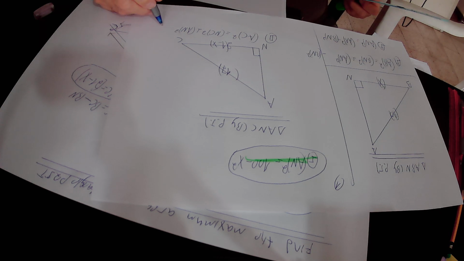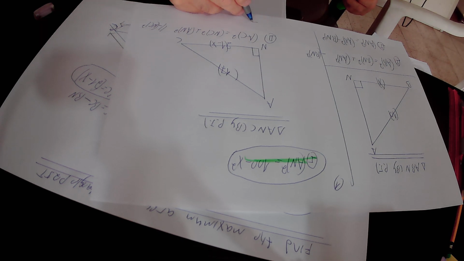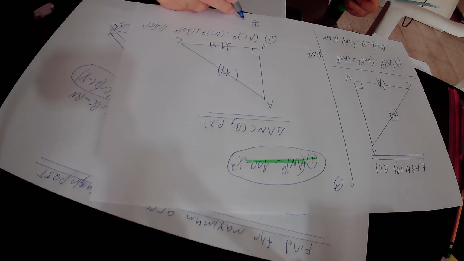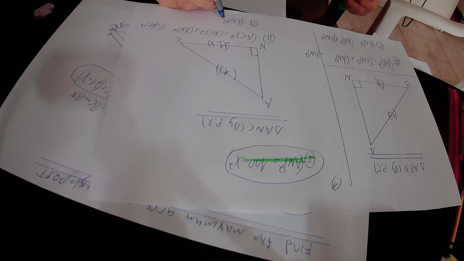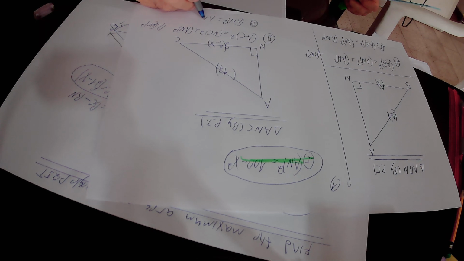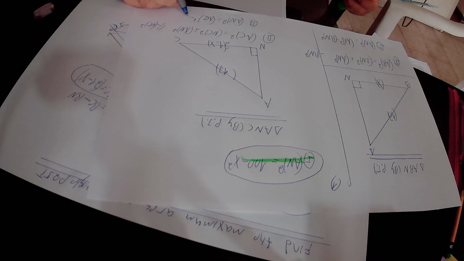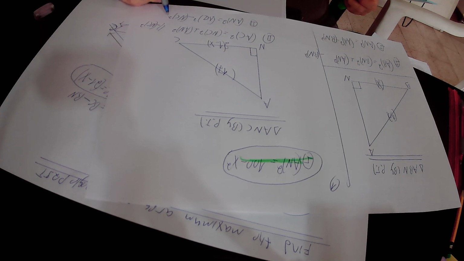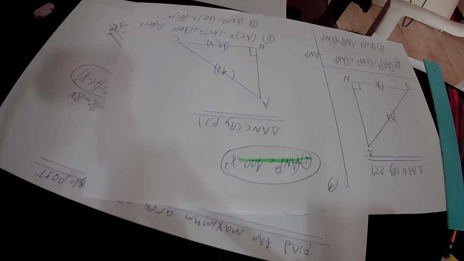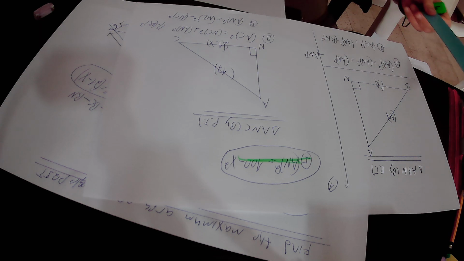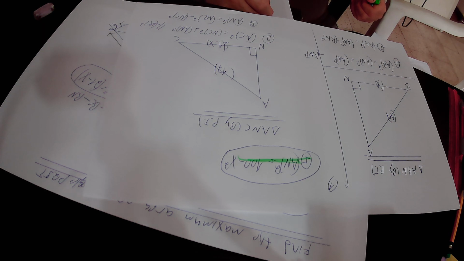So here we subtract NC squared from this equation. And finally we get that according to equation 2, AN squared equals AC squared minus NC squared.